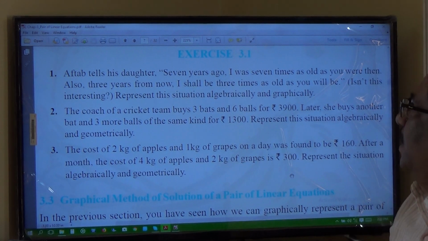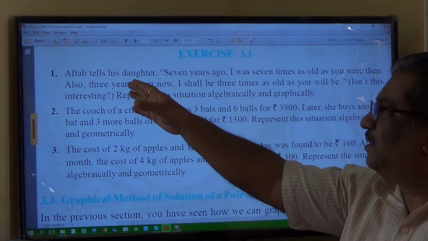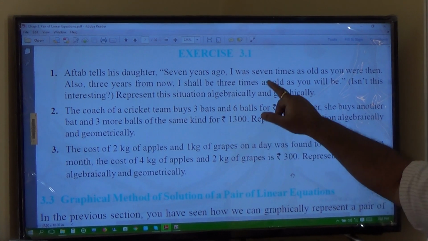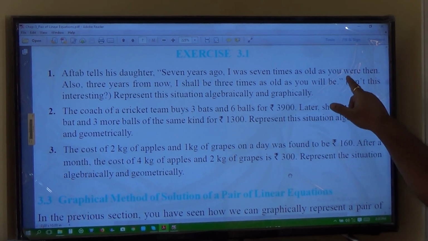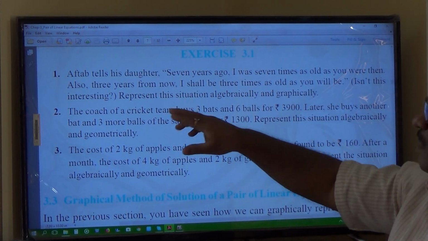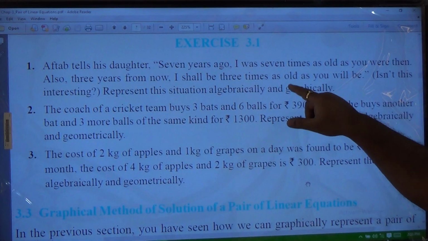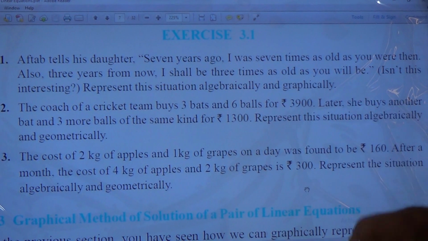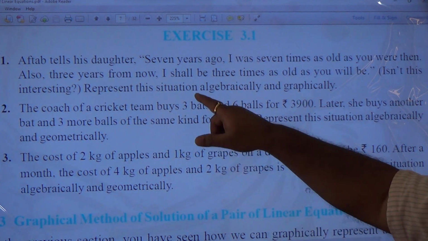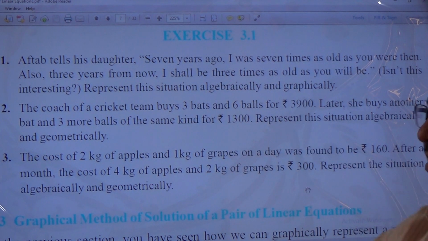Exercise 3.1. Aftab tells his daughter, 7 years ago, I was 7 times as old as you were then. Also 3 years from now, I shall be 3 times as old as you will be. Represent this situation algebraically and graphically.